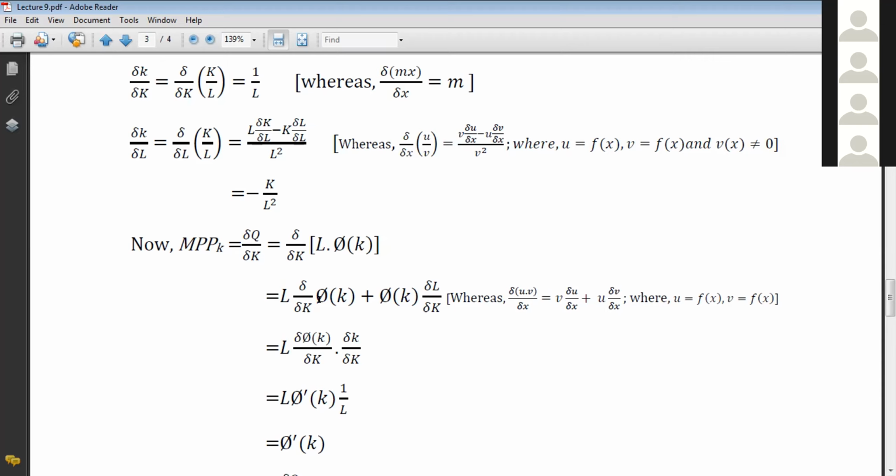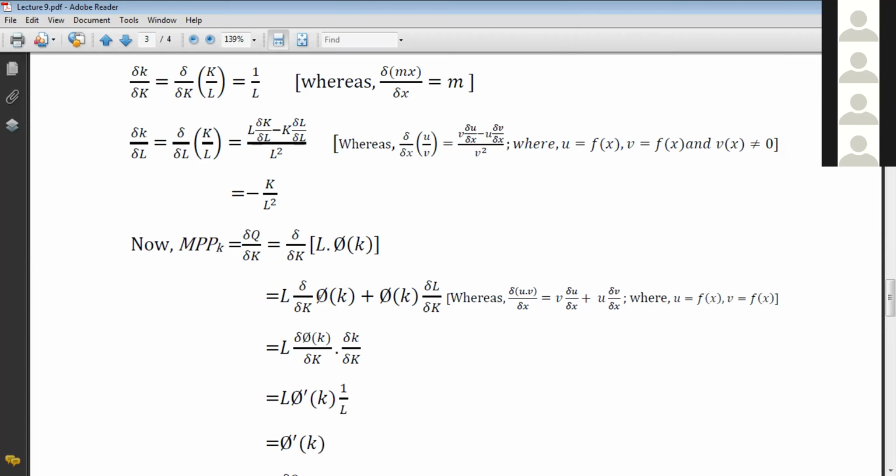First of all, we have to differentiate phi of small k with respect to capital K. Here small k means the capital labor ratio.